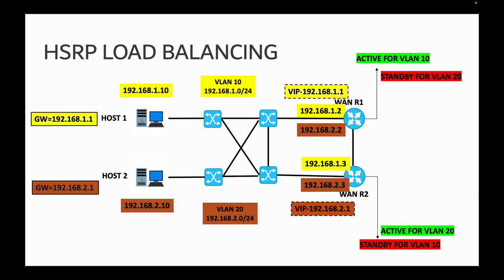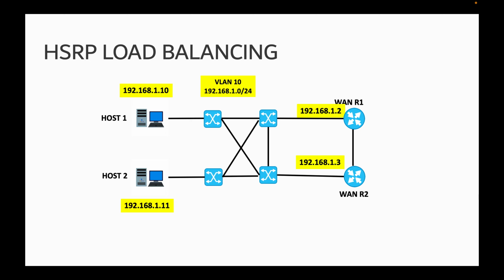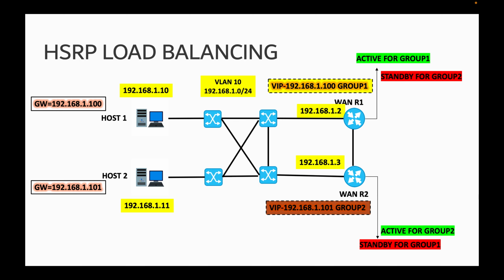There is another way: you can configure multiple instances of HSRP in the same subnet, called multiple HSRP groups, preferring one router to be active in one group and another router to be active in another group.